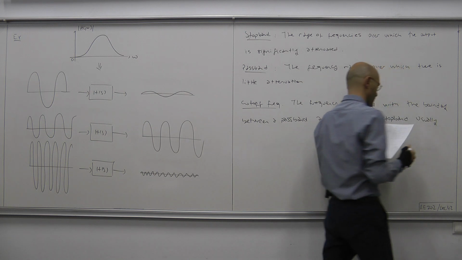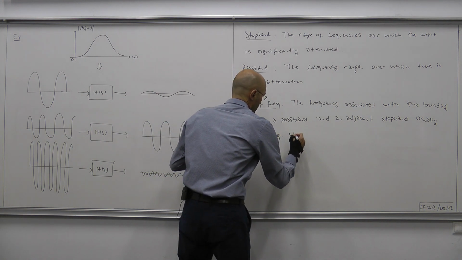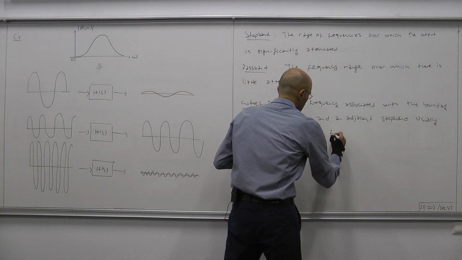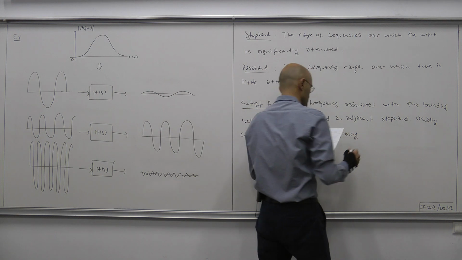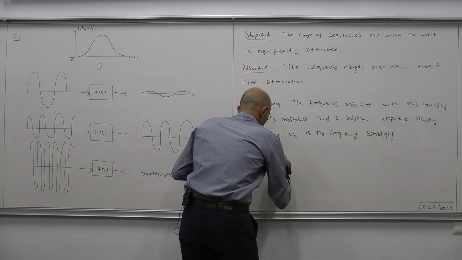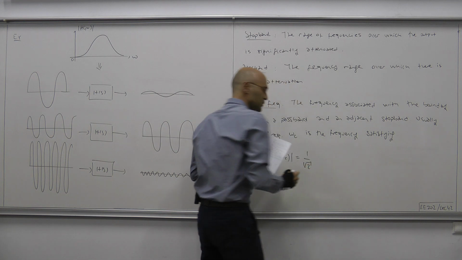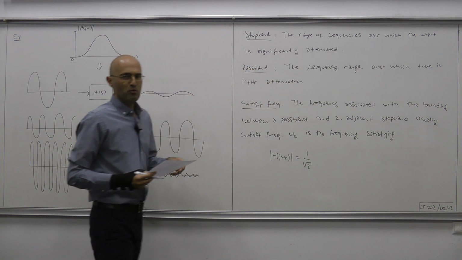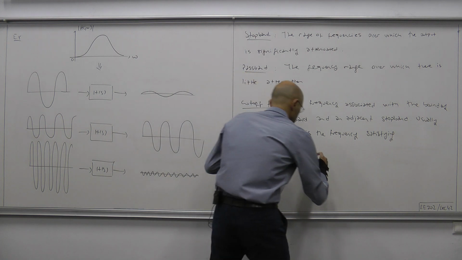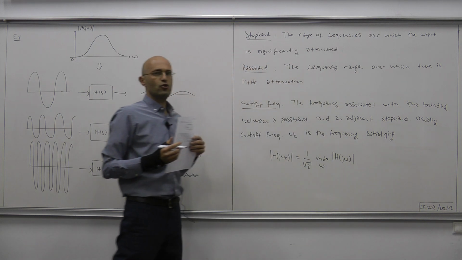Usually, cutoff frequency omega sub c, okay, omega c is the frequency satisfying |H(j omega c)| equals 1 over square root of 2 times the maximum gain that the gain function attains, okay, times max over omega of |H(omega)|.